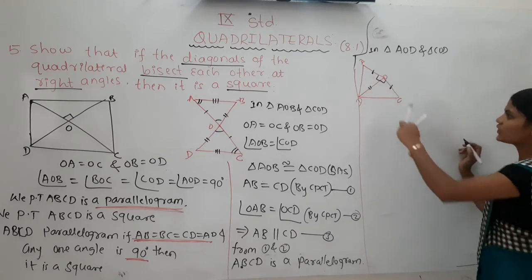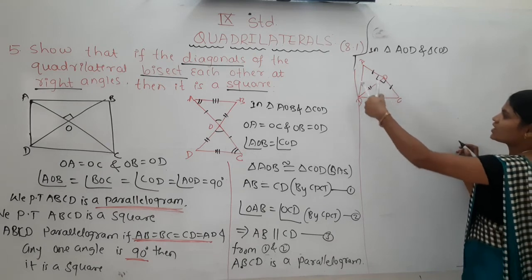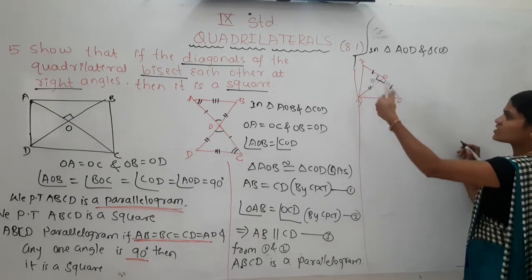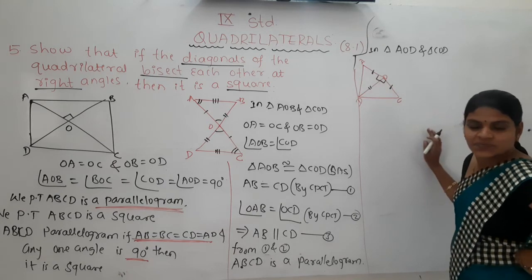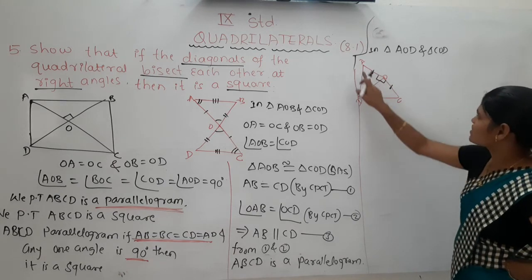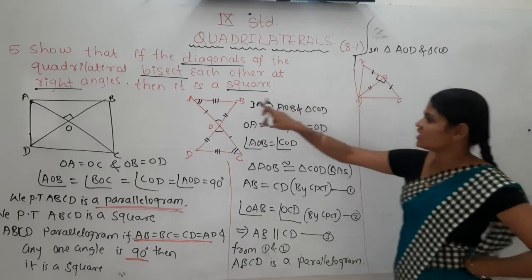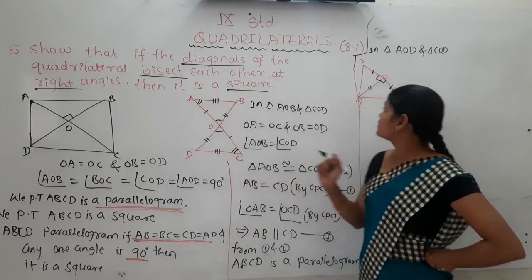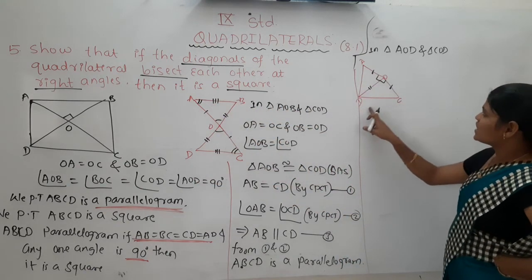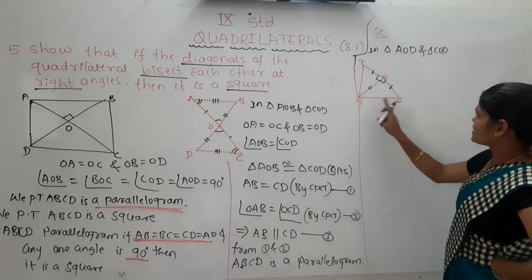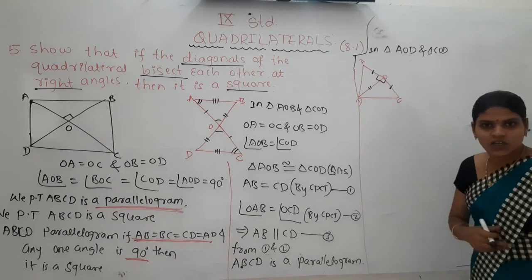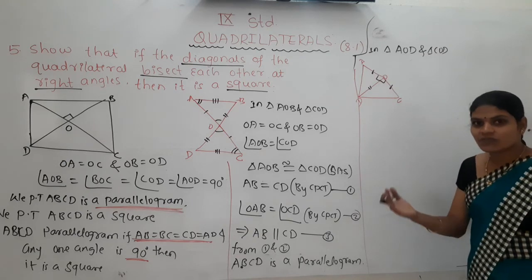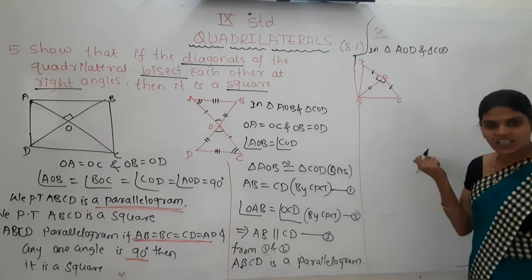Then we have two congruent triangles, so respective corresponding parts are also equal. Then DC is the same as AD. Already AB is the same as CD. So AB is the same as CD and CD is the same as AD. Then its opposite sides are also equal. Then we will get all four sides of this quadrilateral are equal.